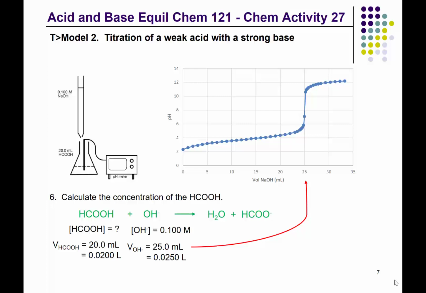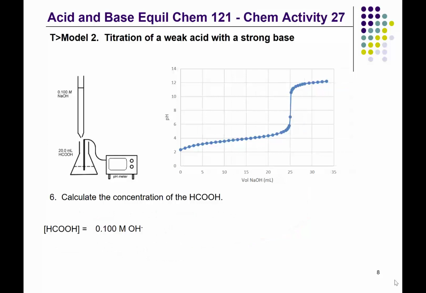The calculation would look like this: 0.100 molar hydroxide ions times the volume at the equivalence point, 0.0250 liters, will give us the moles of hydroxide ions used in the titration.